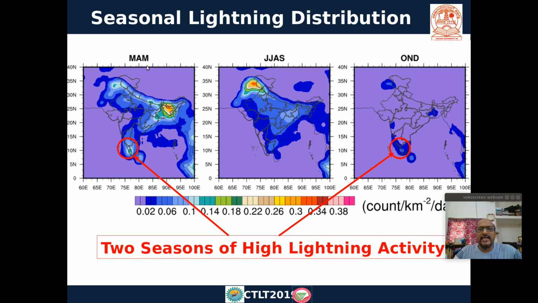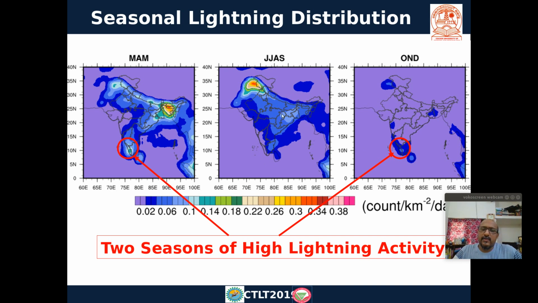This is the lightning image detected on board the TRMM satellite using a lightning imaging sensor. The lightning flash rate is very high during March, April, May, and then October, November, December. During the monsoon season, we normally won't get much lightning.